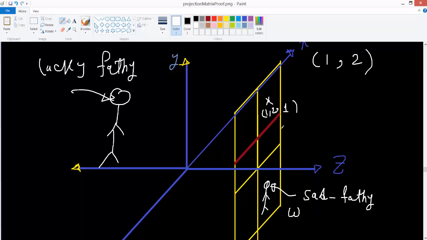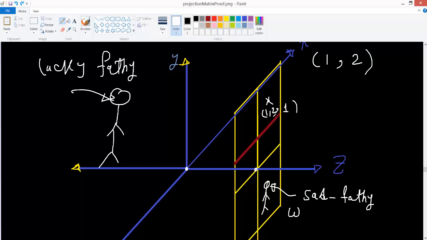So actually Lucky Fathi realizes that the whole plane that Sad Fathi lies in is actually one step from his own origin here in the Z dimension, which Sad Fathi cannot recognize. So this whole plane lies one step from this origin in the Z direction. Now in this configuration, what do the homogeneous coordinates of this same point mean, or what do they represent?